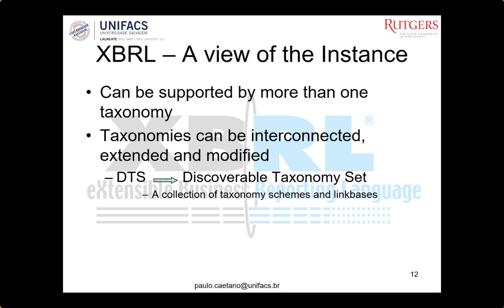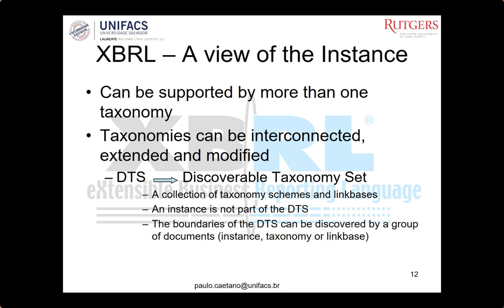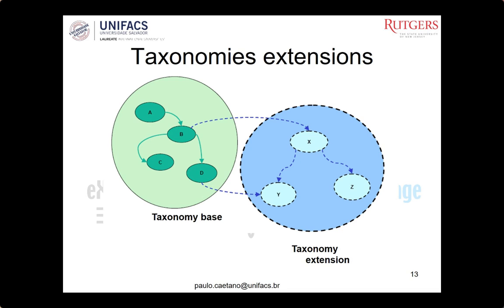The DTS is a collection of taxonomy schemas and linkbases. An instance is not part of the DTS. The bundle of the DTS can be discovered by a group of documents: instance, taxonomy, or linkbase. Let me show an example. I have one taxonomy base that can be extended with other elements and other taxonomies.